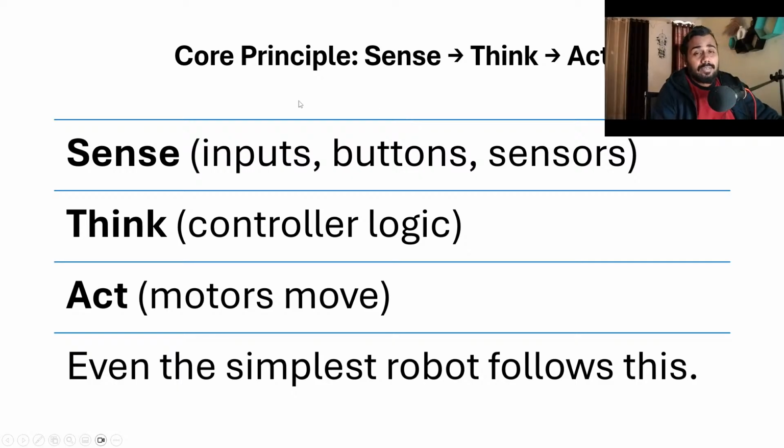Then we have this core principle of robotics. I'm talking about very basic level stuff here. I'm not going to confuse you with the higher level stuff just yet. So what is the core principle? The core principle of today's modern robots is to have interaction with the surroundings, the physicality, the physics of reality.